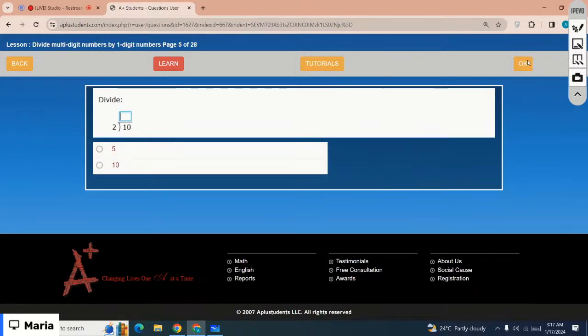The next one is 10 divided by 2, which is the correct option. 2 times what number is 10?